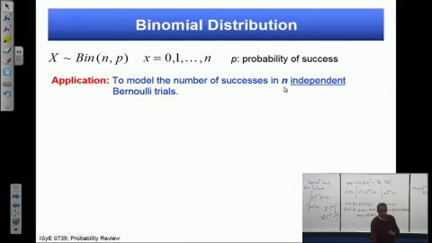Can somebody tell me what independence basically means here? Go ahead. That's correct. So in the case of inspection, what does it mean?